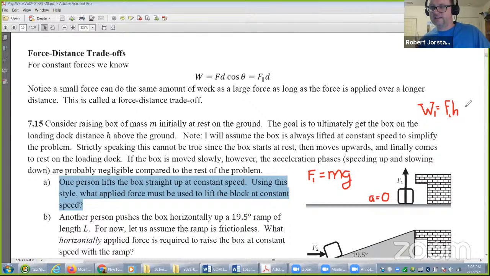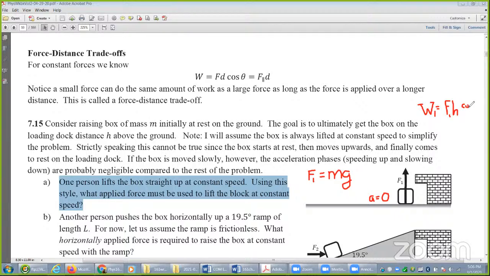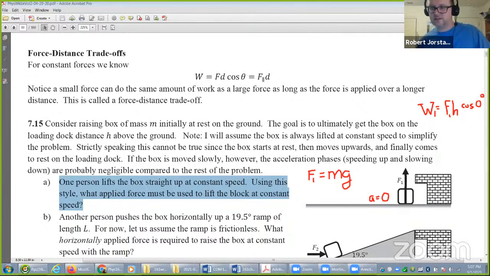What's the angle in this case? 0. They're both going straight up. So notice the work done by force 1, if I plug everything in, is just mgh. That's just for reference. If you lift this block up, mgh is how much work is required.